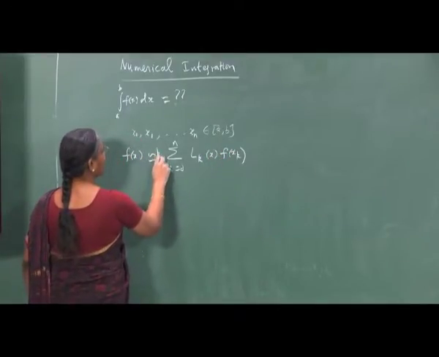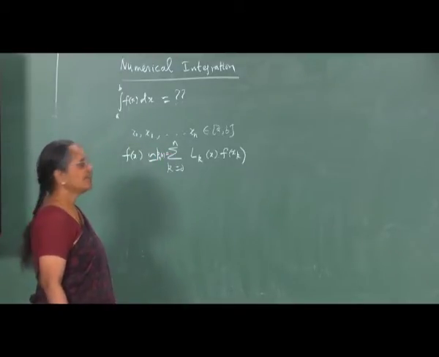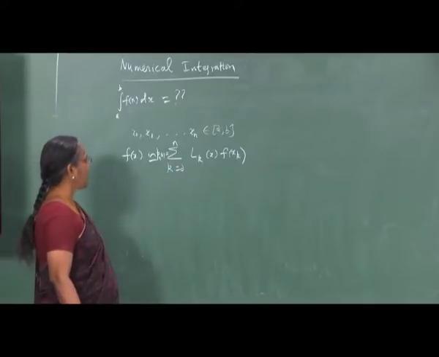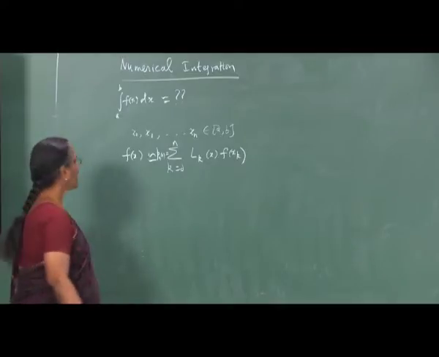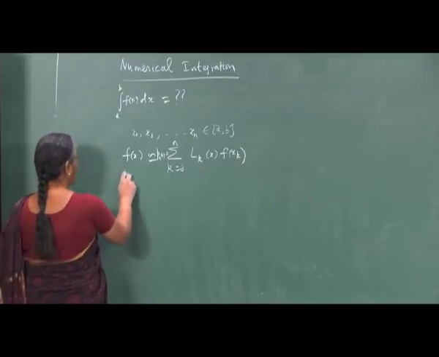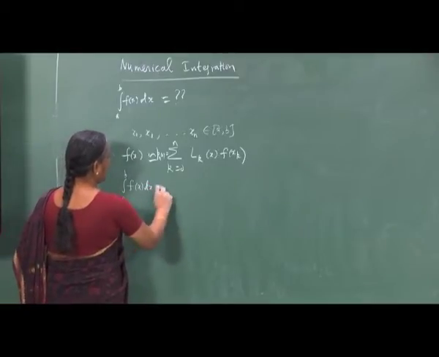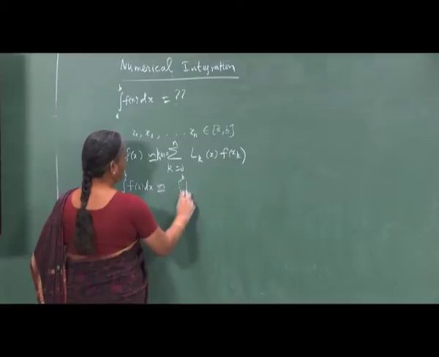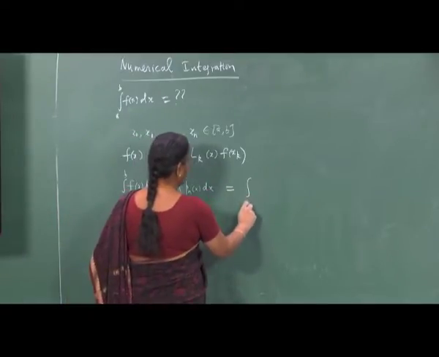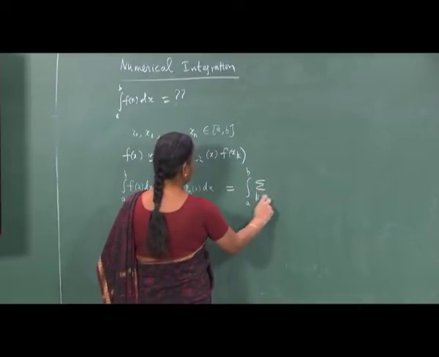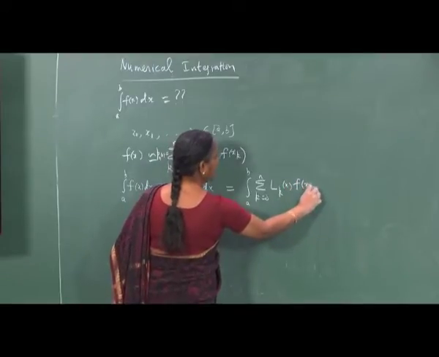Namely, f of x is approximated by a polynomial of degree p n whose degree is at most n, and so we have taken a Lagrange interpolation polynomial. And so, integral a to b f of x dx will be integral a to b p n of x dx, and that is integral a to b sigma k is equal to 0 to n L k of x into f of x k.